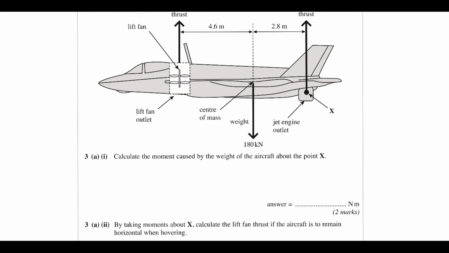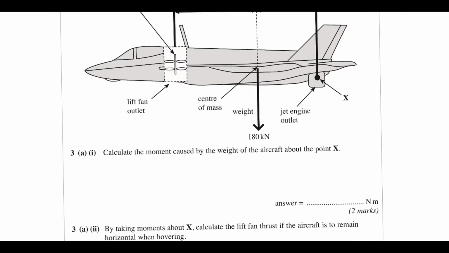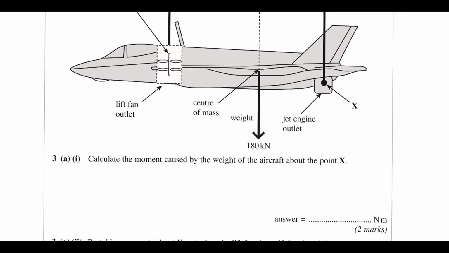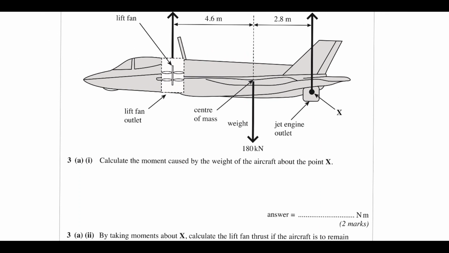So calculate the moment caused by the weight of the aircraft about point X. So we've got essentially moment is the force multiplied by the perpendicular distance between the line of action of the force and where we're taking moments about. So the force is 180,000.